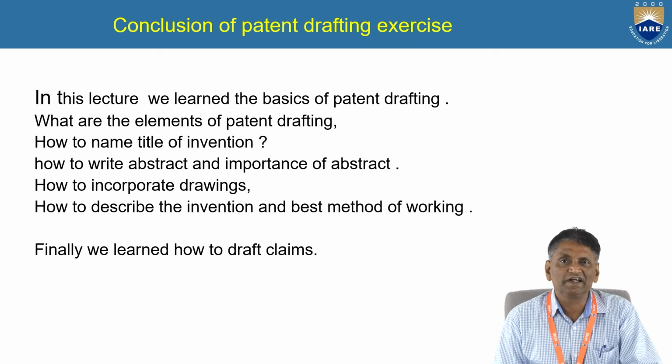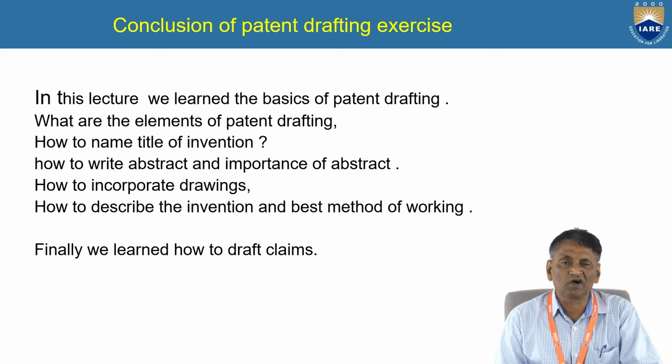Finally, we learned how to draft the claims. Claims are the most important part of it. Under the claims, we learned that claims shall not be very broad and at the same time should not be too narrow. If it is too narrow, then others will make a minor improvement, take away the benefits of your patent and easily infringe.